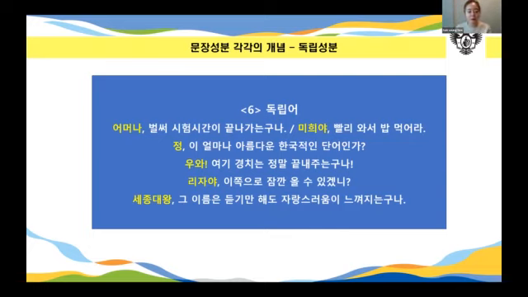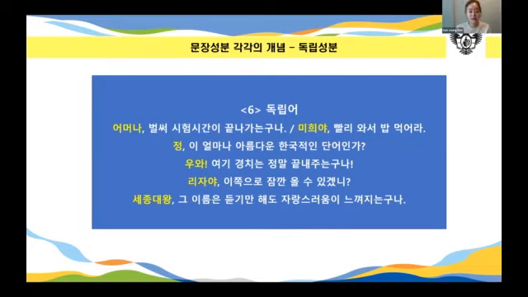Very good. As expected, the ones colored in yellow, 어머나, 미희야, 정, 리자야, 세종대왕, are all independent words. 독립어 are independent components. They are used independently of other components. In a sentence, expressions such as exclamation, answering, and calling are examples of this.